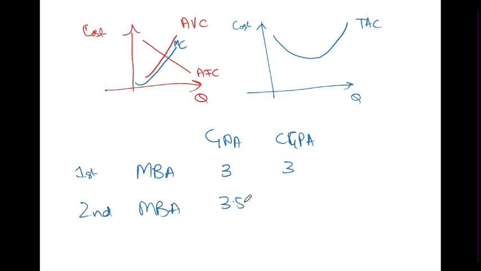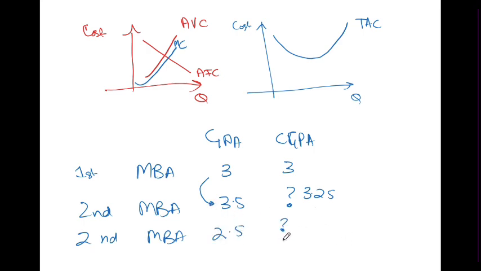Because I scored 3.5 in the second semester, do you think that my CGPA will go up or go down? Because I scored something greater than what I scored earlier, I would imagine that my CGPA would probably go up. But what if in your second semester of MBA you didn't score 3.5, you actually scored 2.5? What do you think would happen to your CGPA?